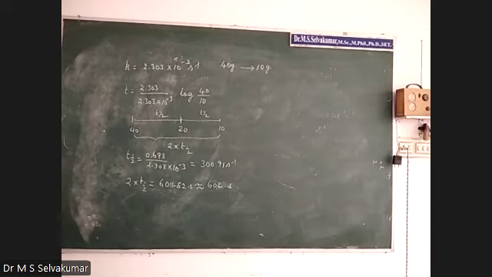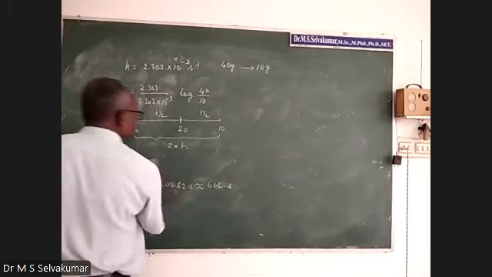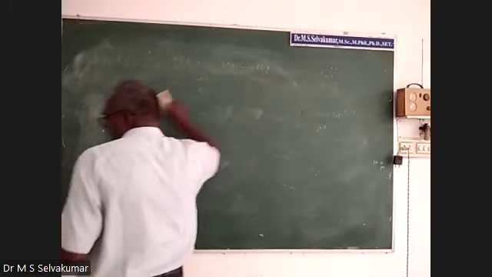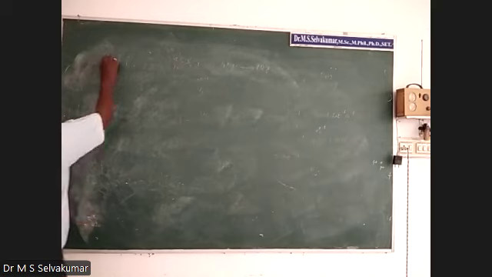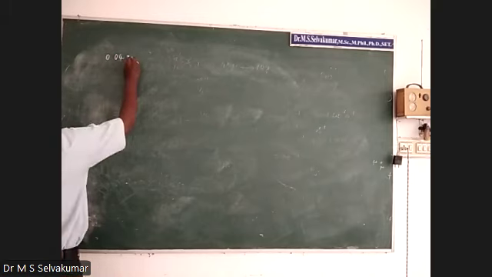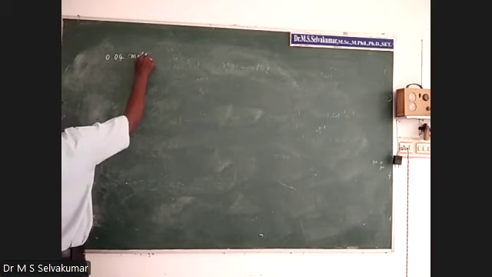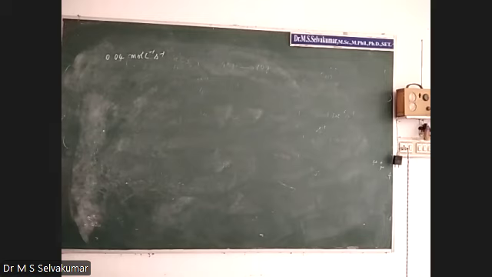So the next problem. The rate of a first order reaction is 0.04 mole per liter per second. See, this is the rate of the first order reaction. It is not the rate constant.